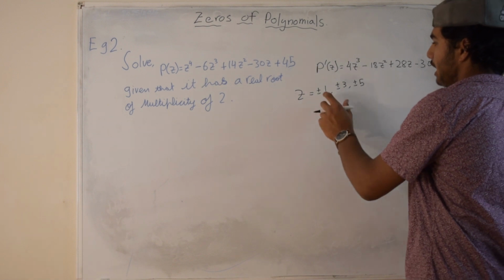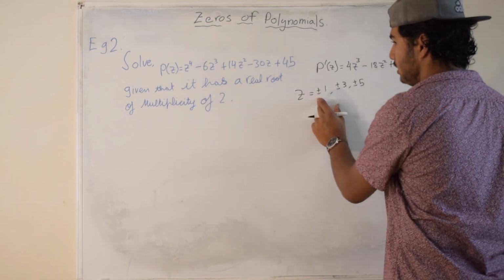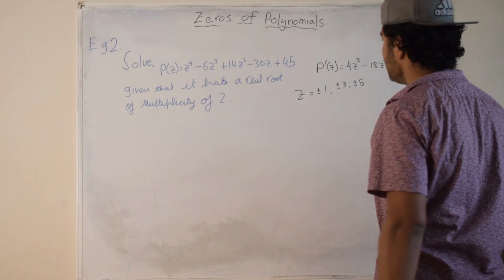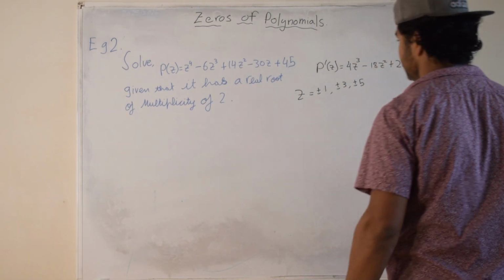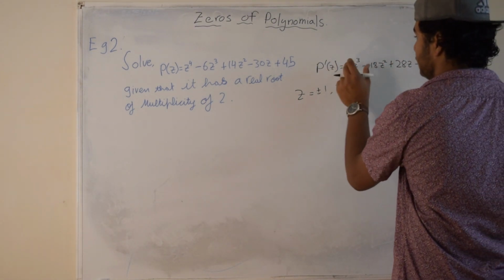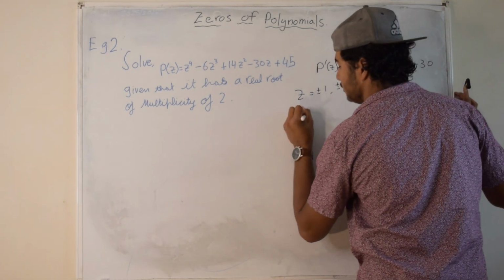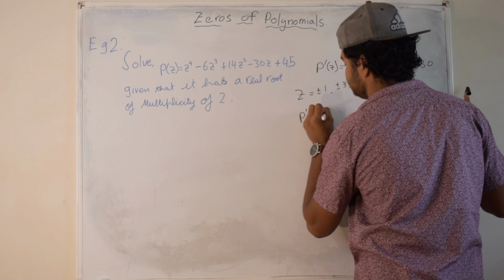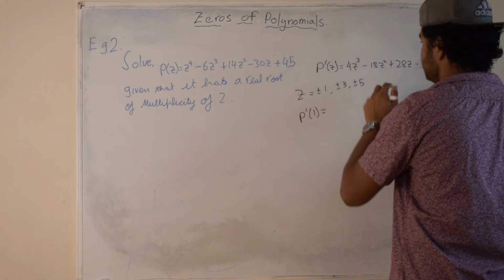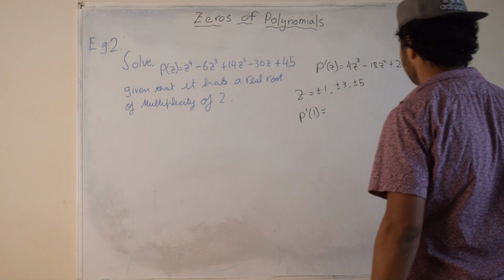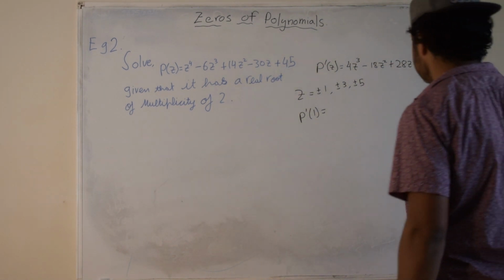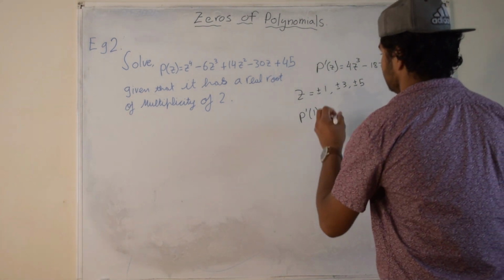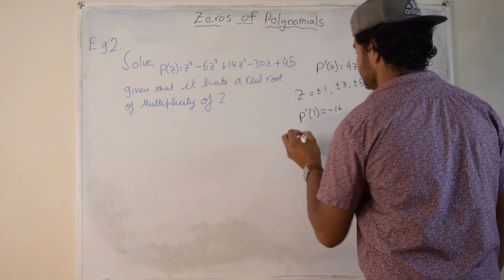Now we're going to individually substitute these values into the differentiated version and see which one gives me a value of 0. So p dash of 1, we'll start with 1: 4 minus 18 is negative 14, plus 28 is 14, minus 30 is negative 16. Nope, not our answer.